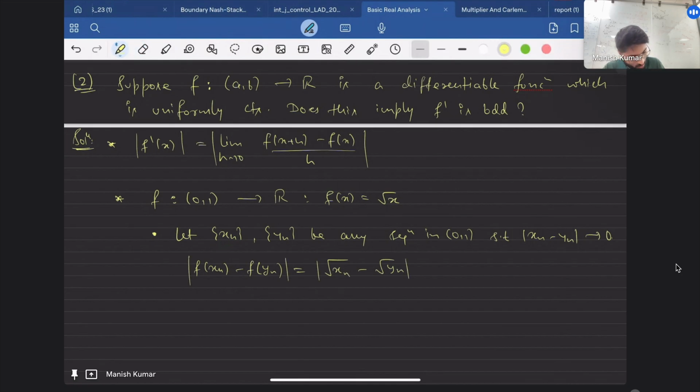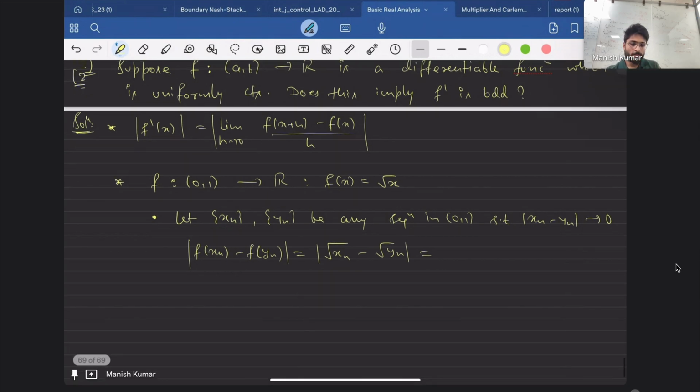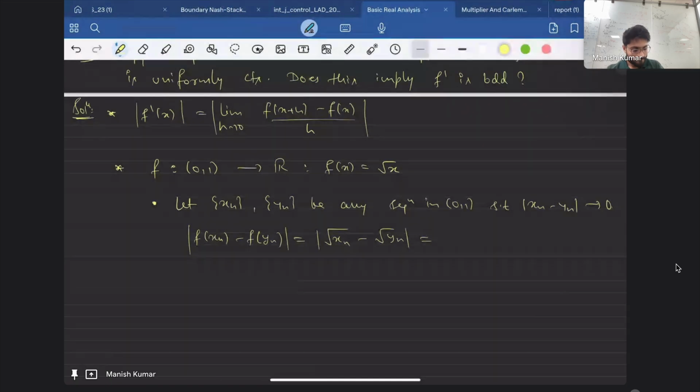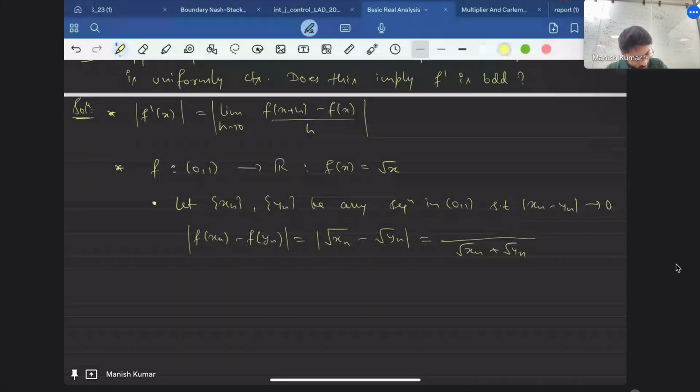So how will you conclude now? You'll have to use the root. So what do you think? Rationalize, but there would be some problem. We get xn minus yn over the sum of the roots, right?